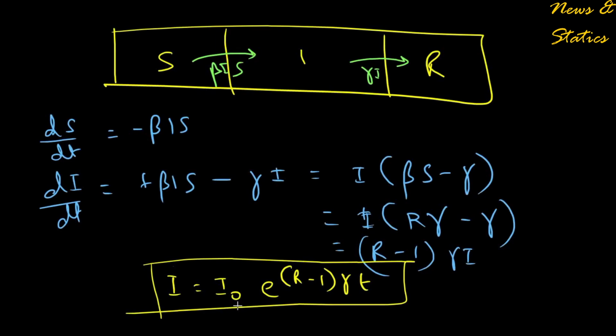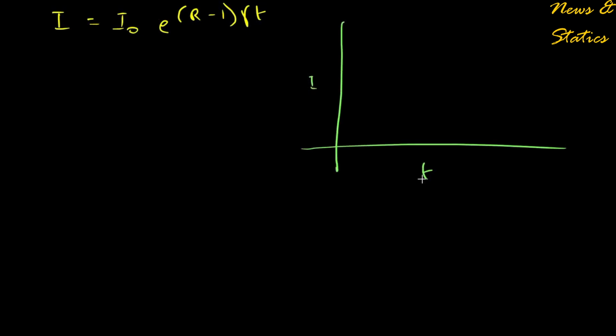We'll try to analyze, if we consider R as more or less constant, the graph of I with respect to t. So let me write it again: I equal to some I naught times e to the (R minus 1) gamma t. That means when I plot the graph of I versus t, there's some initial value I naught, and then it keeps on increasing exponentially till God knows when. But this does not happen.